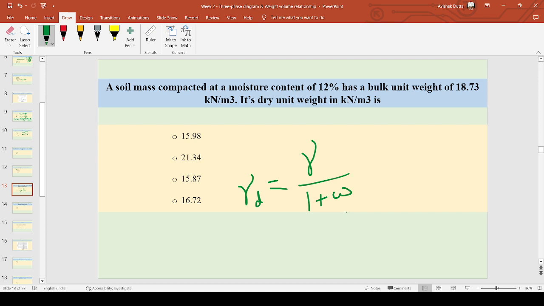You put the value and tell me the answer. 18.73 divided by 1 plus 0.12.